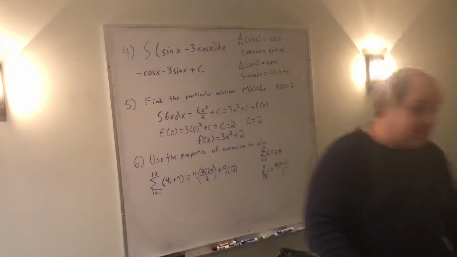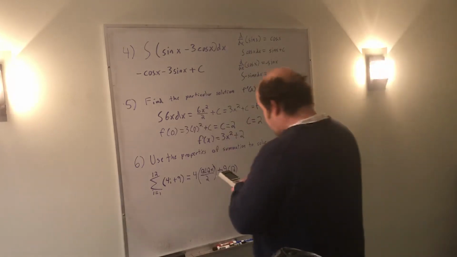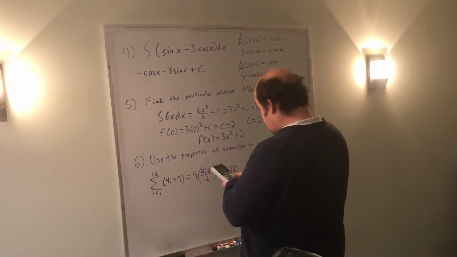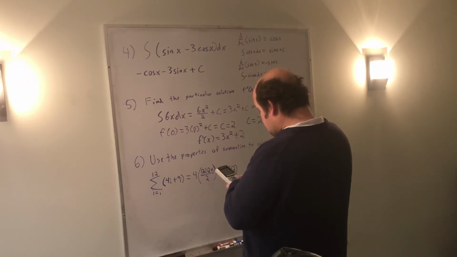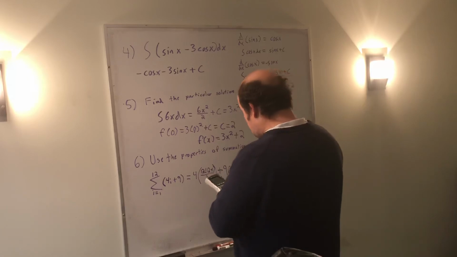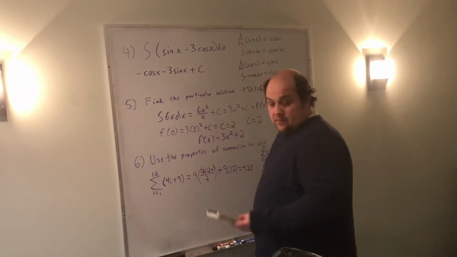So this is a case where you definitely want to have your calculator handy. When I do this in my calculator, 4 parentheses 12 times 13 divided by 2 in parentheses plus 9 times 12, I get this to be 420.